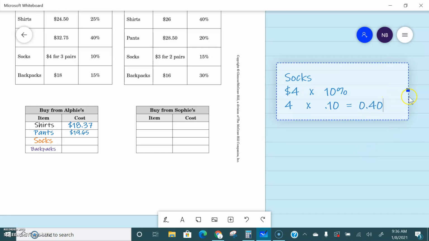Just put the 0 in there for the placeholder. That's not 4 cents because the 4 is in the tenths place. It's 40 cents. So let's take our $4 and subtract 40 cents.